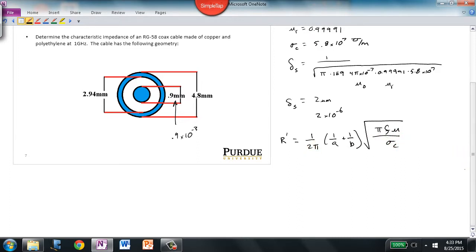So we have all these numbers. It's 1 over 2 pi times 1 over 0.9 millimeters divided by 2. I was given a diameter here, so I need to convert that to a radius. Plus 1 over, we want to use the inner diameter of the outer conductor, that's 2.94 millimeters divided by 2.